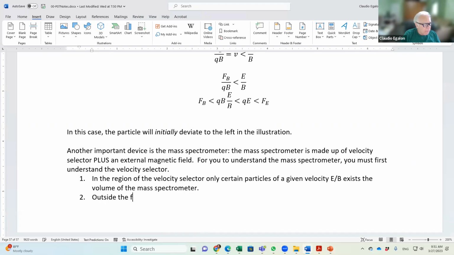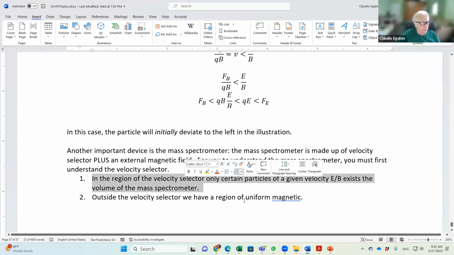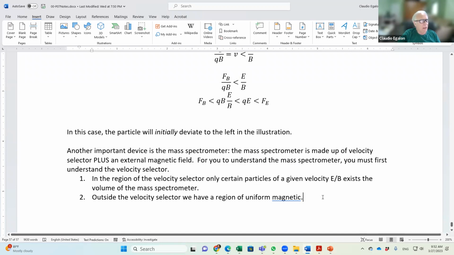Outside the velocity selector, we have a region of uniform magnetic field. In the region of the velocity selector, and don't forget that we must have a uniform electric field and a uniform magnetic field perpendicular to one another, right?